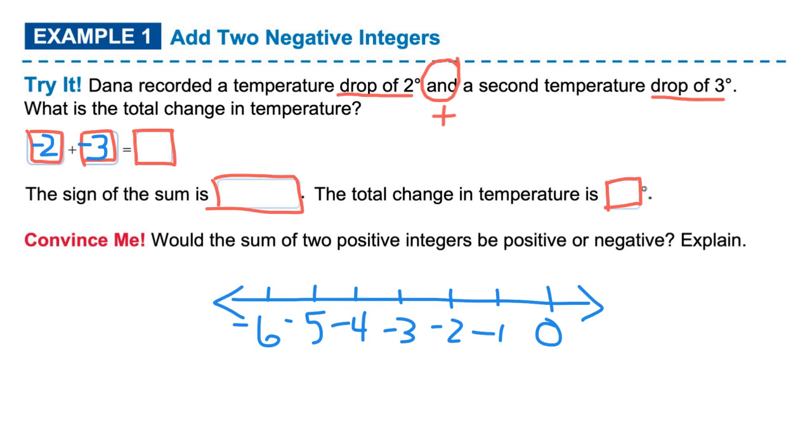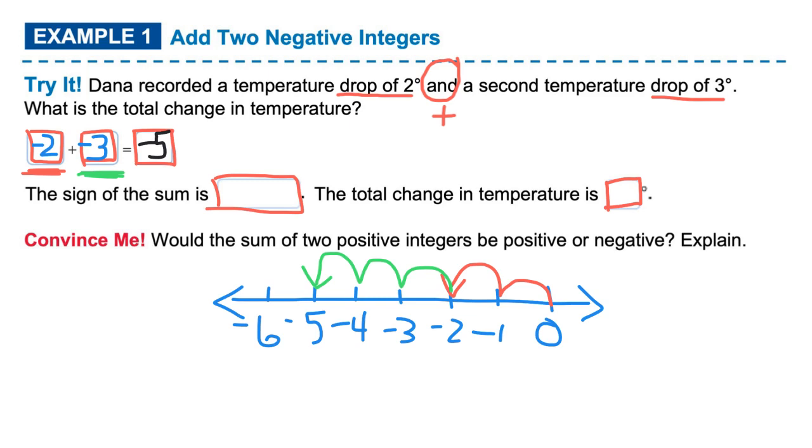My first one, a drop of 2 degrees, 1, 2 in the negative direction. Added to that, we need 3 more degrees down. So I think our answer is -5. That's using the number line.